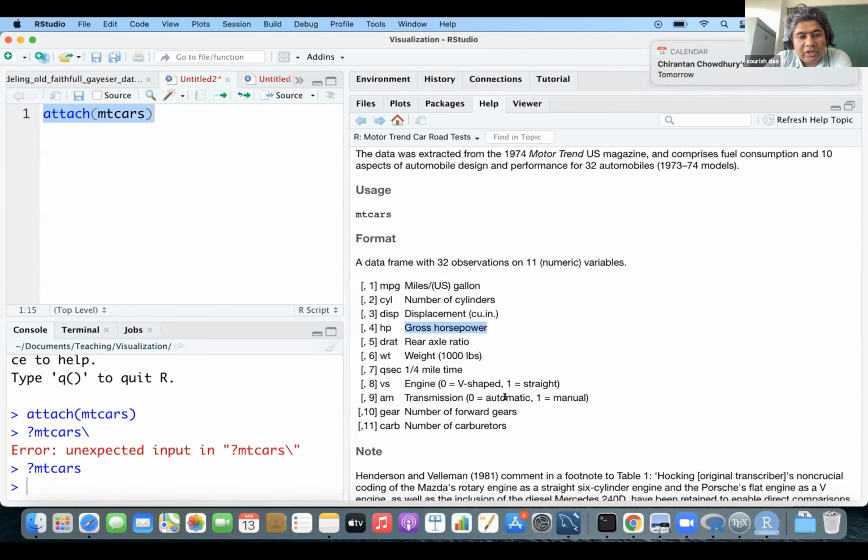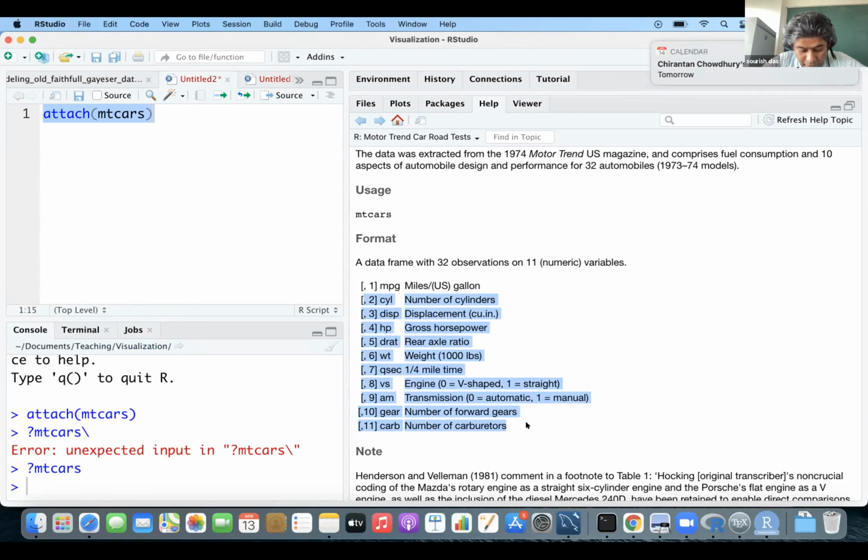Transmission, whether it is automatic or manual. Gear is the number of forward gears, and carb is the number of carburetors. These 10 features are all different features of an automobile car.